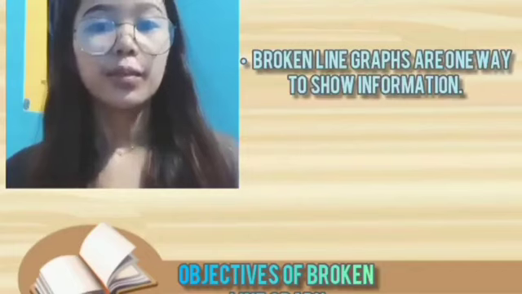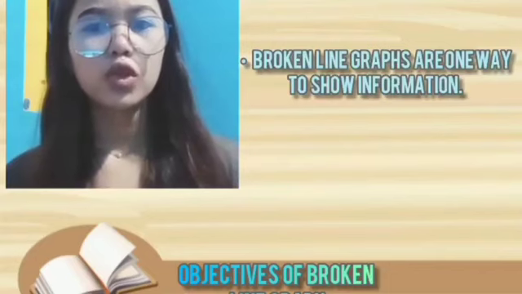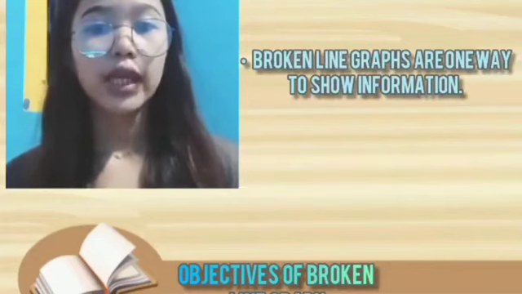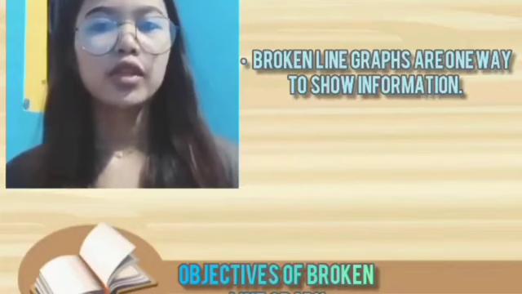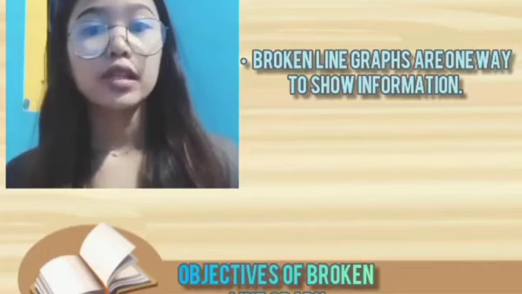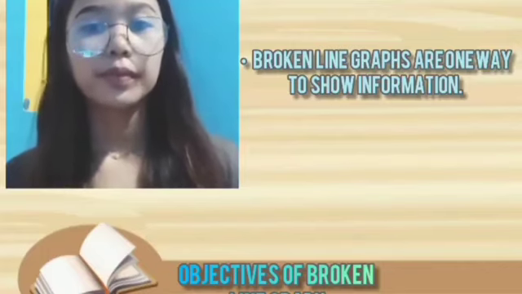Second, broken line graphs are one way to show information. So, users of these graphs often choose this method of representing changes in data over time, such as changes in stock market prices throughout the day or changes in daily temperatures.